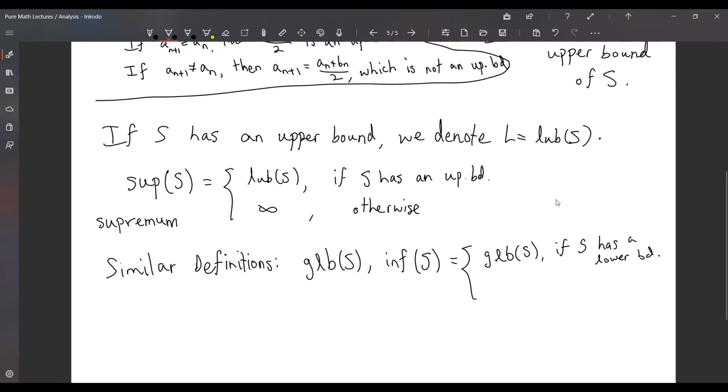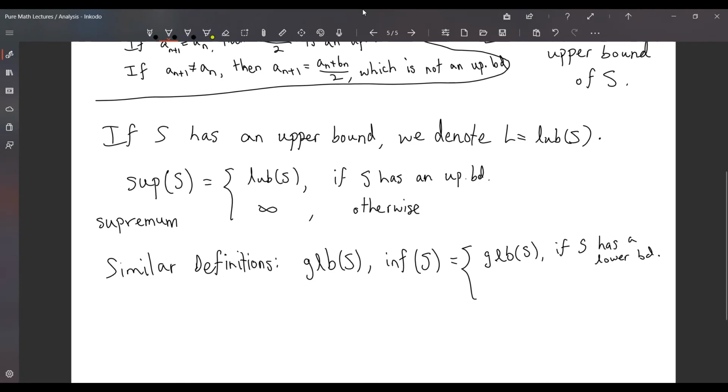And you should prove, just like we proved that a set has a least upper bound if it has an upper bound, that it also has a greatest lower bound if it has a lower bound. Theoretically, you could just redo this proof with changing some inequality signs, but there's actually a slick way to do it.